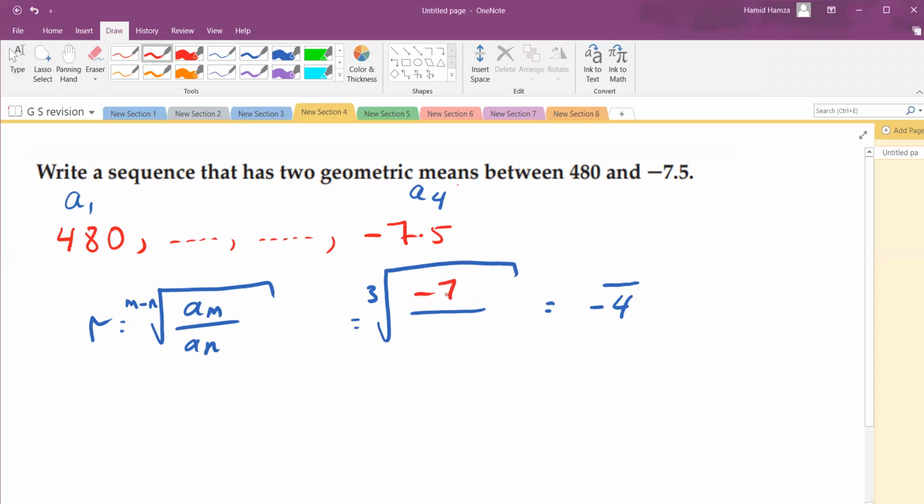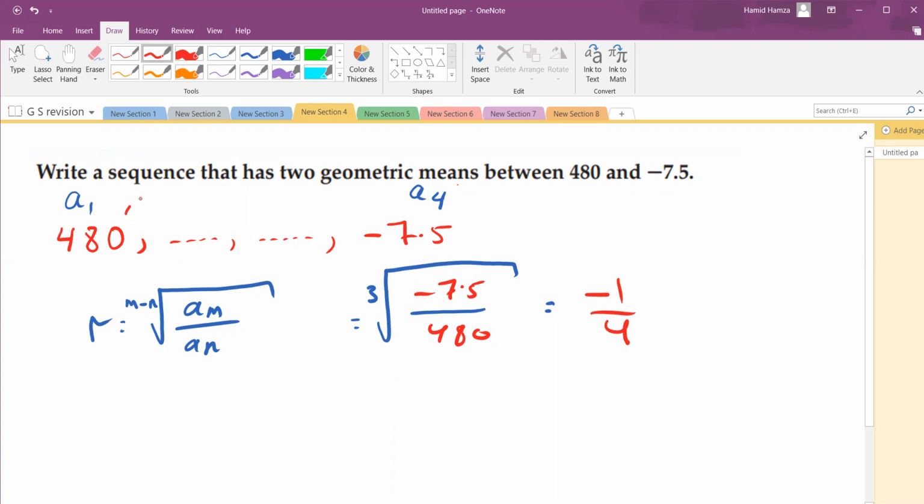Negative 7.5 over 480, like this. So instead it comes out as negative 1 over 4. Yes. Because you will notice that the sequence is decreasing, not increasing. So if the sequence is decreasing, that means the common ratio is a fraction, negative 1 over 4, like this. So now it's very easy to complete this. To find the next term, just multiply by negative 1 over 4.